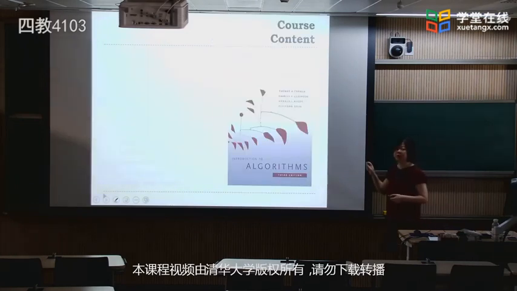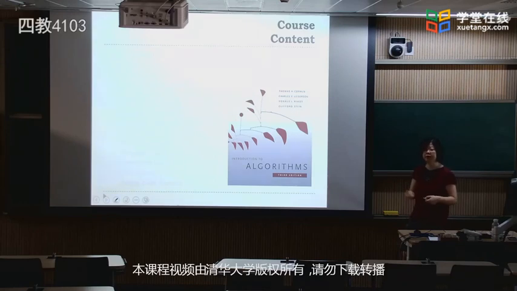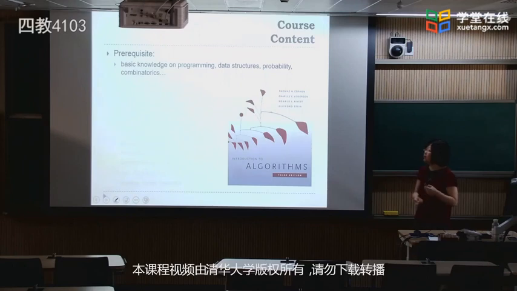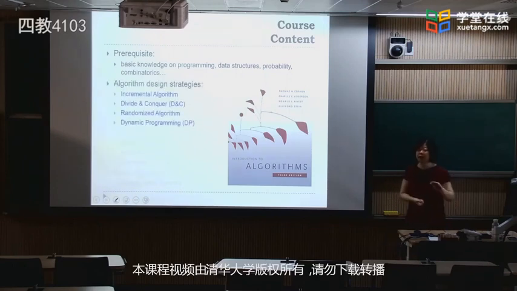We're going to use this book, Introduction to Algorithms, 3rd edition, as our textbook. For prerequisites, you need to have some basic knowledge of programming, data structures, probability, and combinatorics. We're going to focus on 4 algorithm design strategies: incremental approach, divide and conquer, randomized algorithm, and dynamic programming.